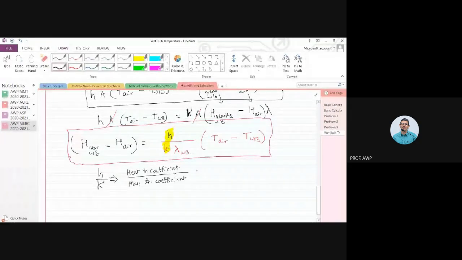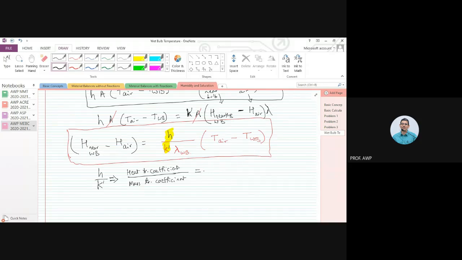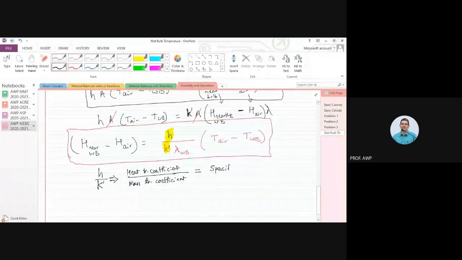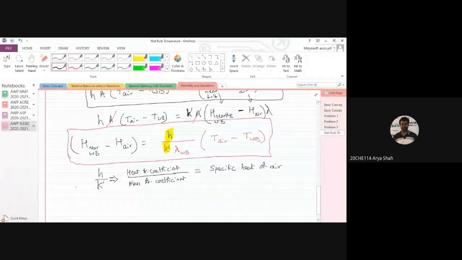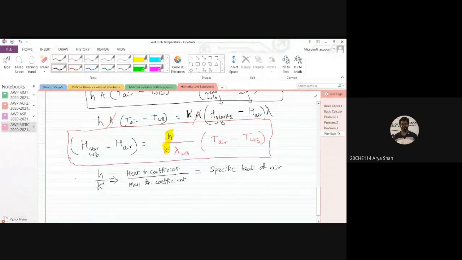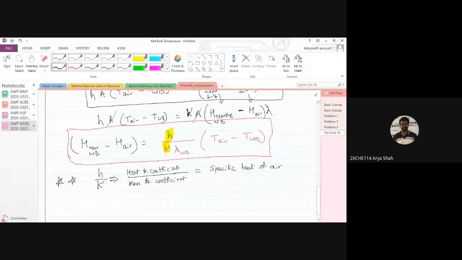This is some special number, and that special number is a property. Right now you just have to believe me, but in the third semester we will prove this. This is nothing but the specific heat of air. Sir, it's like taking the ratio of two extensive properties to get an intensive property.